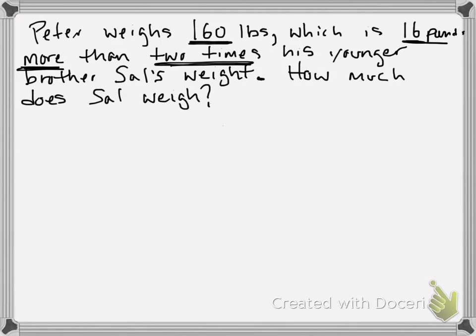Now, I'm going to set up an equation, and in the end, Sal's weight, 2 times, and with this extra 16 pounds, ends up being the same as Peter's weight. So I know that in the end, my equation is going to equal 160. Now I have 16 pounds more than, so I need a plus.